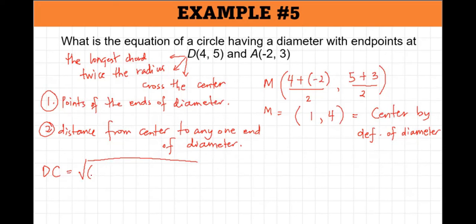So, 4 minus 1 squared plus 5 minus 4 squared. And then this is going to be 4 minus 1 is 3. Square it, that would be 9. Plus 5 minus 4 is 1. Square mo, that would be 1. So DC is simply the square root of 10.